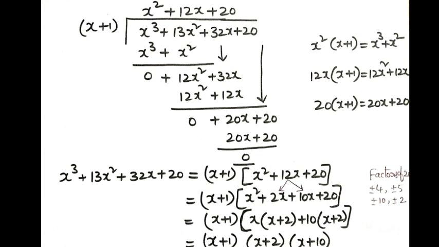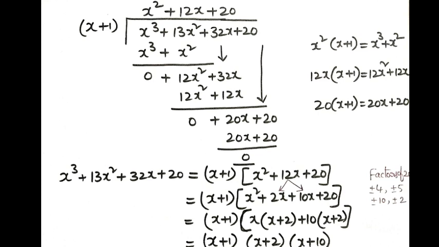This is a quadratic polynomial. Now we have to factorize this by using splitting the middle term. Given polynomial can be written as x plus 1 into x square plus 12x plus 20. This can be written as x plus 1 into x square plus 2x plus 10x plus 20.